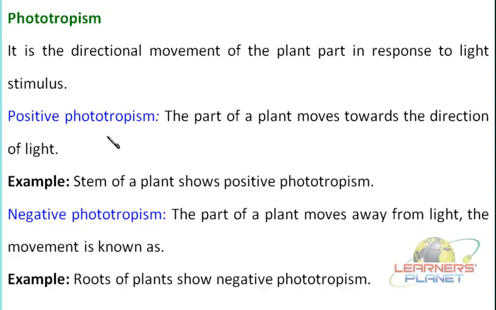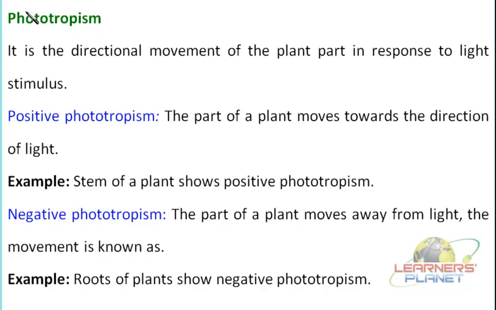The very first we are studying is phototropism. This phototropism is a directional movement of the plant or the part of the plant in response to light stimulus. As the name itself suggests, photo means light.